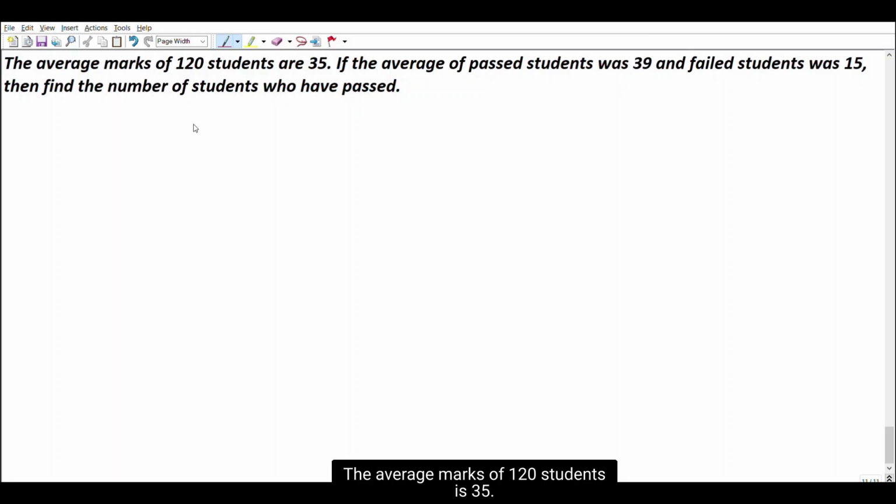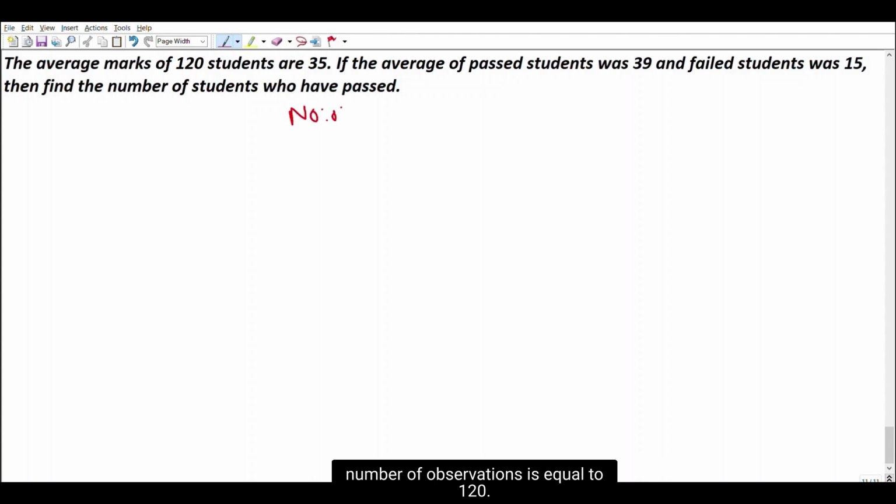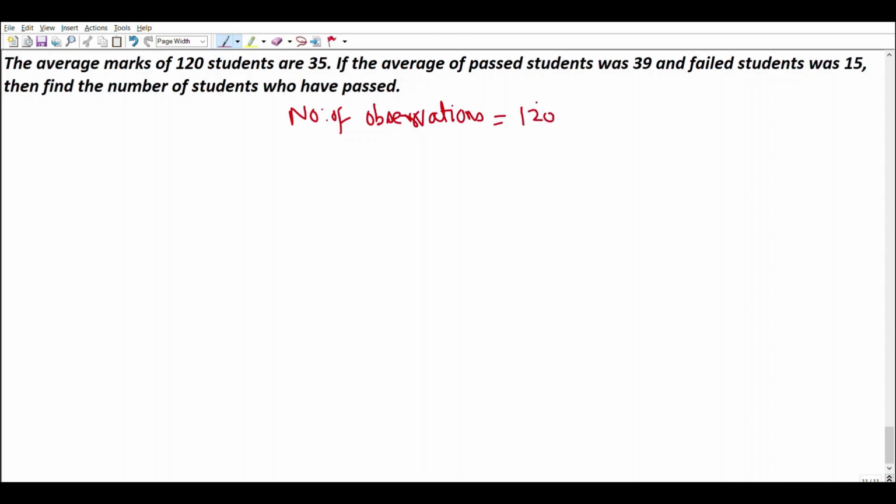The average marks of 120 students is 35. If the average of the passed students was 39 and the average of the failed students was 15 marks, find the number of students who have passed. So it is clear from the question that number of observations is equal to 120.